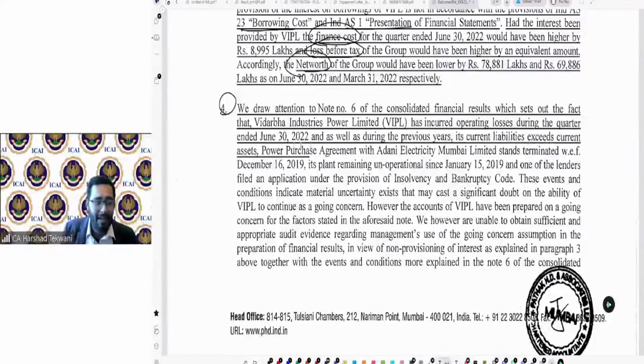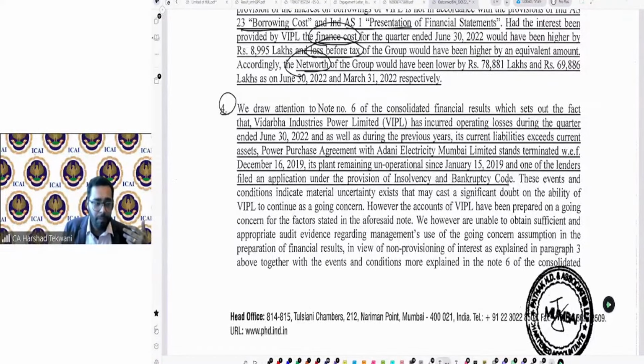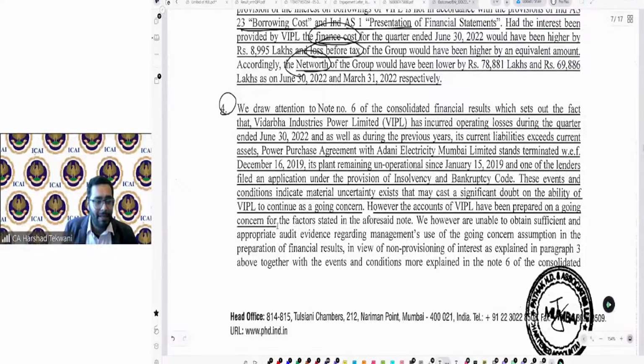Its current liability exceeds current asset. Power purchase agreement has terminated. Plant remaining unoperational. One of the lenders has filed insolvency. Events and conditions indicate a material uncertainty exists that may cast significant doubt on the entity's ability to continue as a going concern. However, accounts have been prepared on the going concern basis.